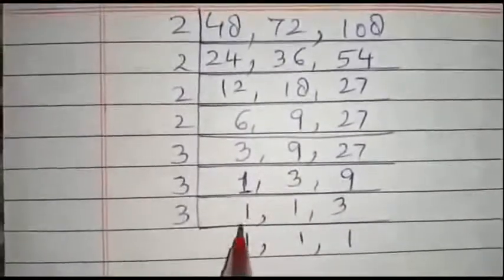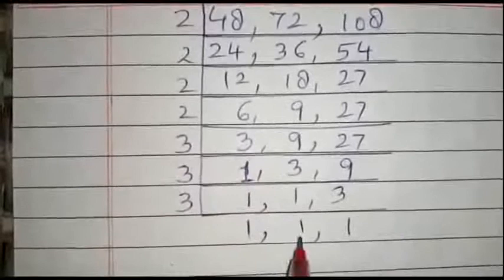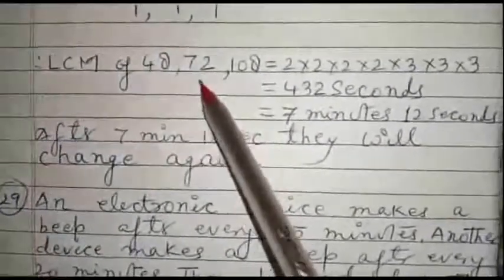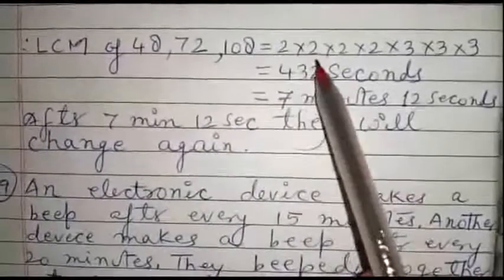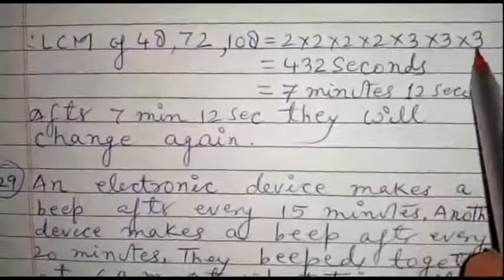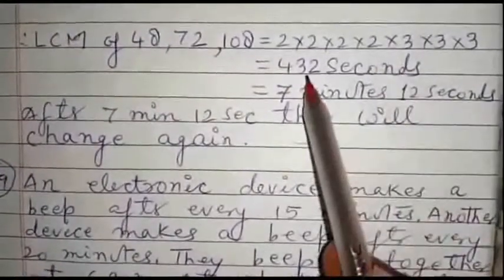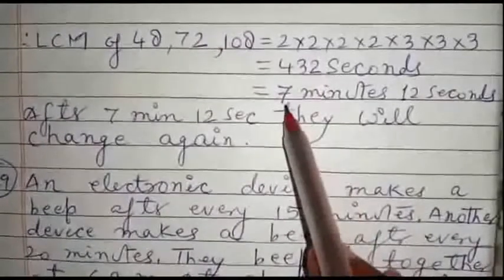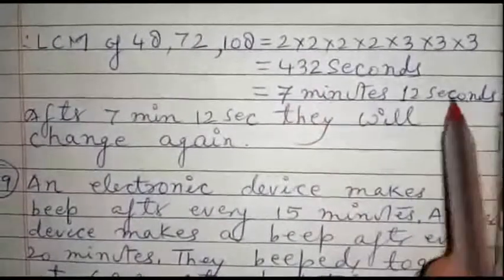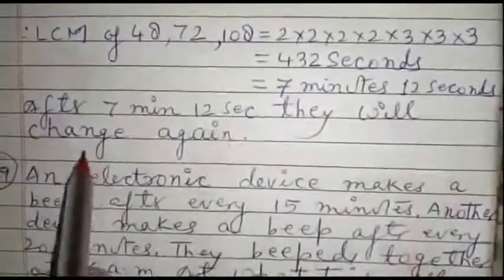Divided by 3 we write 1, 3. Now we write 3: 1, 1. Therefore the LCM of 48, 72, 108 will be 2 into 2 into 2 into 2 into 3 into 3 into 3, which is equal to 432 seconds. Now if we divide 432 by 60, we'll get 7 minutes 12 seconds. Therefore after 7 minutes 12 seconds they will change again.